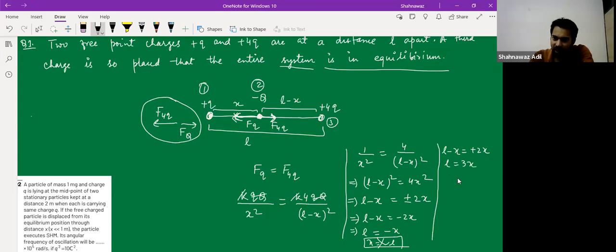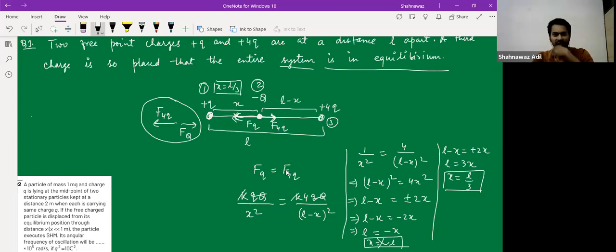So X would be L by 3. This is the place where we should place this minus Q charge so that it is in equilibrium. So this X is L by 3.